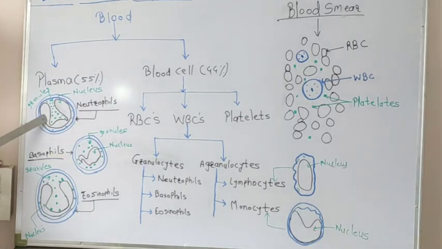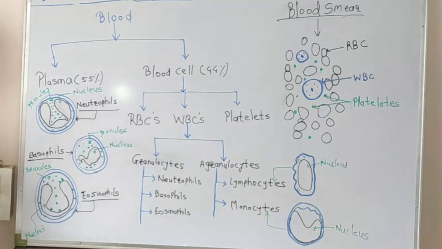You can see this is the neutrophil, this is the basophil and this is the eosinophil, and each has a different structure of nucleus.